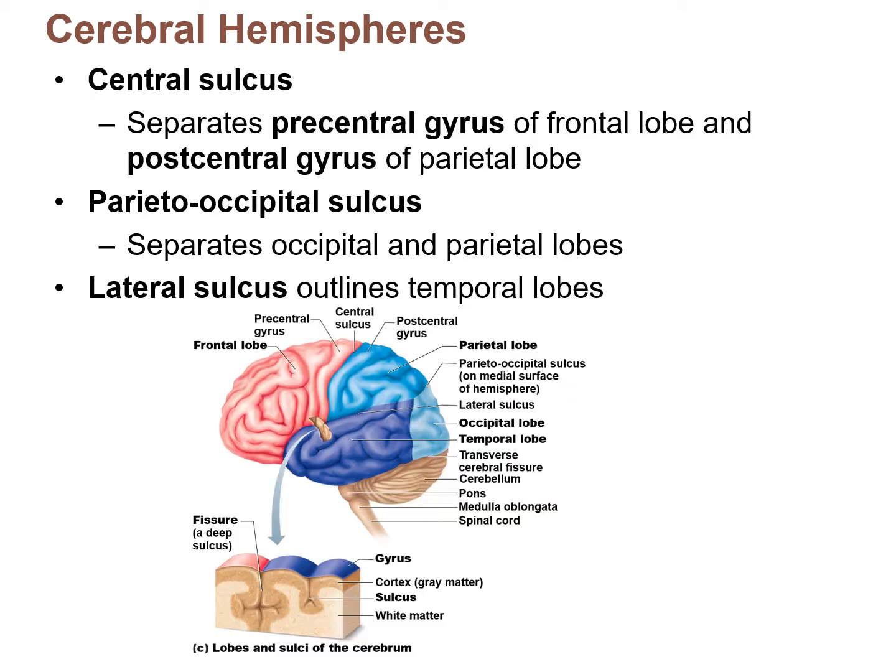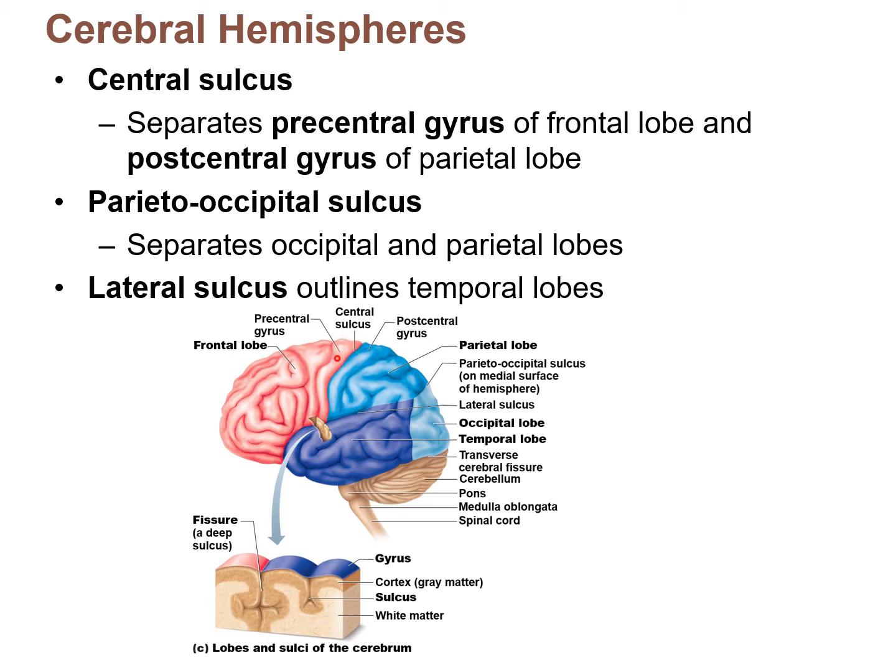All right, we have some more anatomy to go through here on the cerebrum, or you can say in the cerebral hemispheres, left and right. There's a central sulcus. Remember, a sulcus is a groove. The central sulcus that you see pictured right here is the groove that divides the frontal lobe from the parietal lobe. And on either side of the central sulcus we have a gyrus.